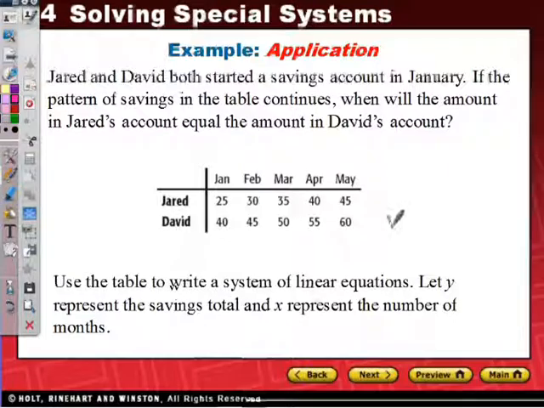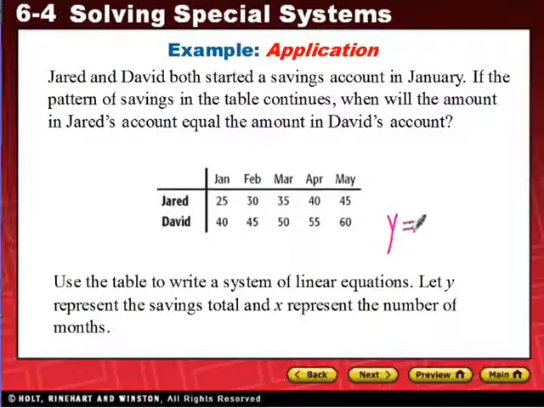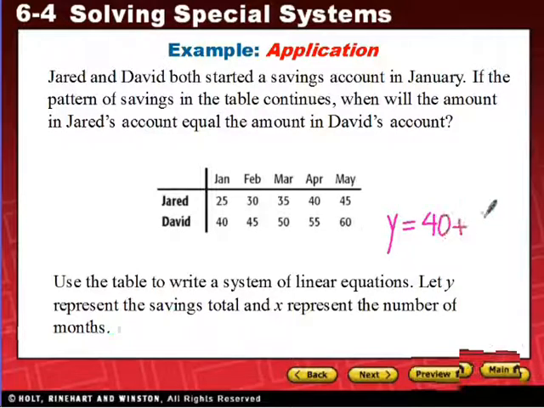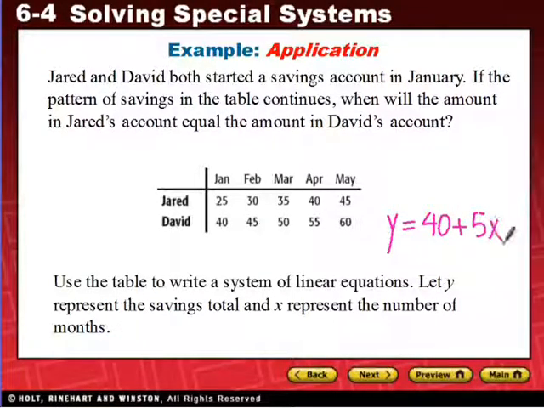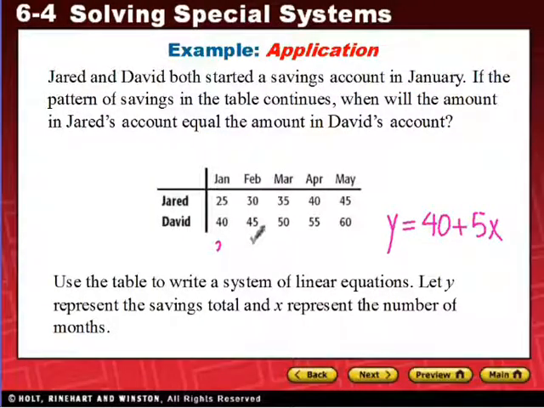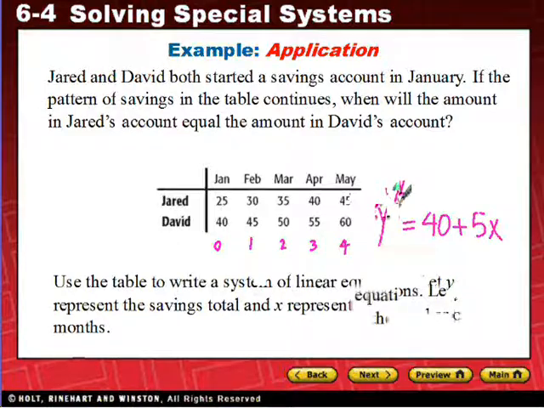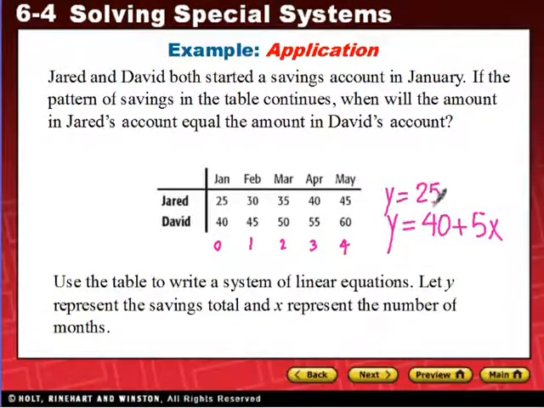So if we were going to write an equation for his money, his output is 40 plus 5x, because every month he gets 5 more dollars. This is month 0. February's month 1. Month 2, etc. And Jared started at $25, and he's also adding $5 per month.